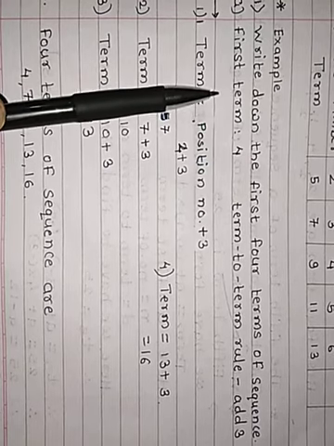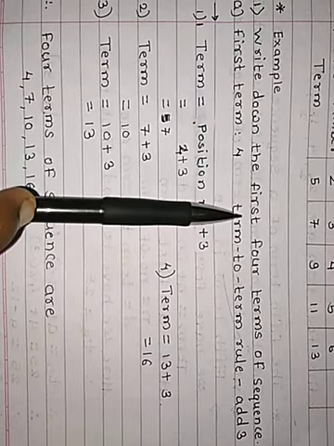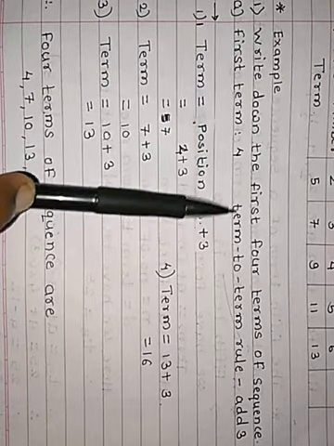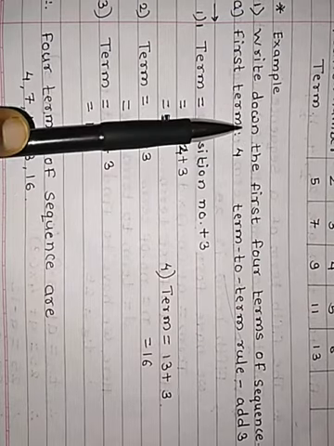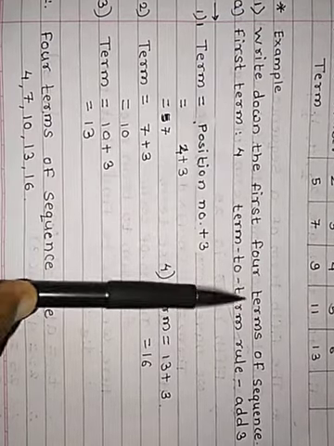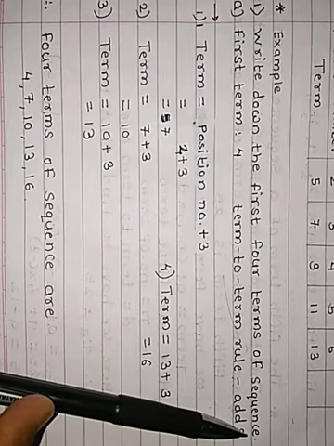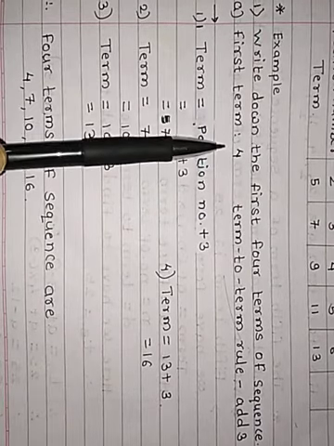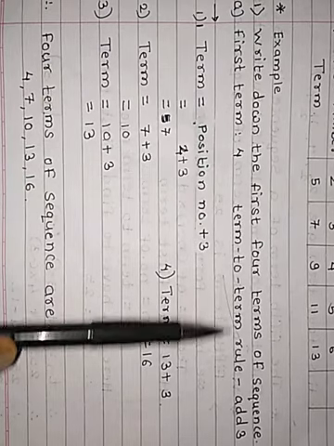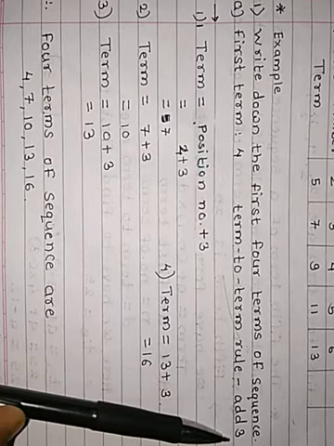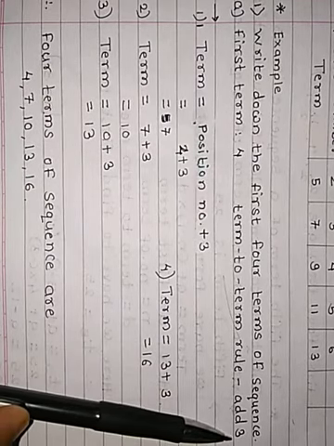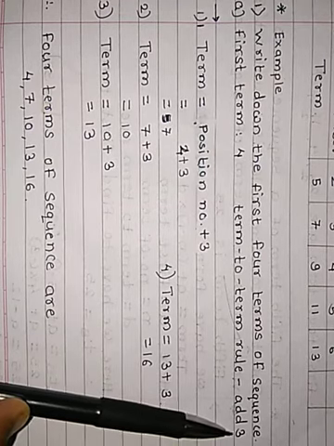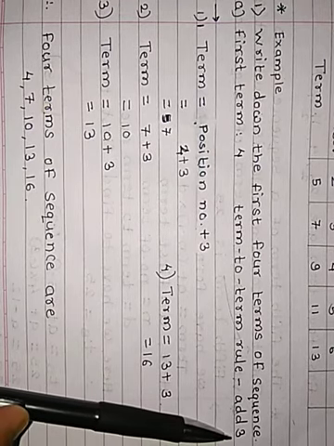Now we will see different types of examples to understand the given concept. See here, write down the first 4 terms of the sequence. Okay, we are given the first term as 4 and the term to term rule is add 3. Okay, that means the difference between two consecutive terms is how much? It is 3.